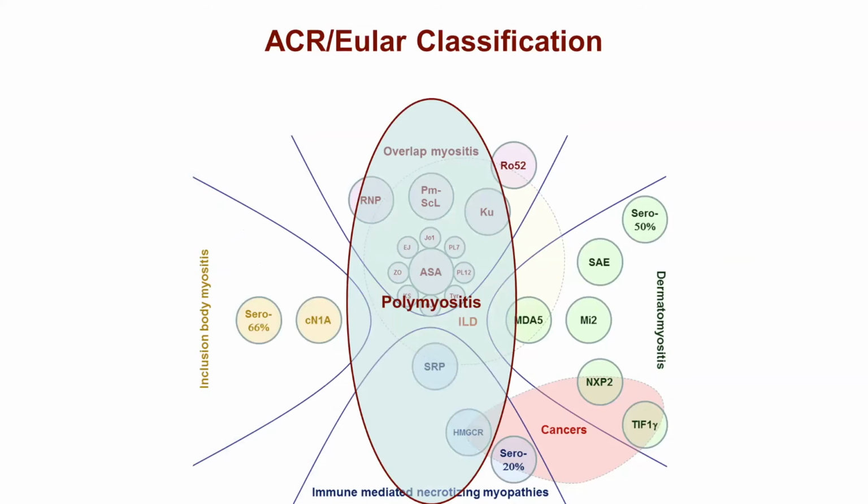If you use the ACR/EULAR classification, the last one, published in 2017, then you still have this polymyositis group, which in fact is composed of the overlap syndrome and also the immune-mediated necrotizing myopathies, but also, of course, dermatomyositis and IBM.